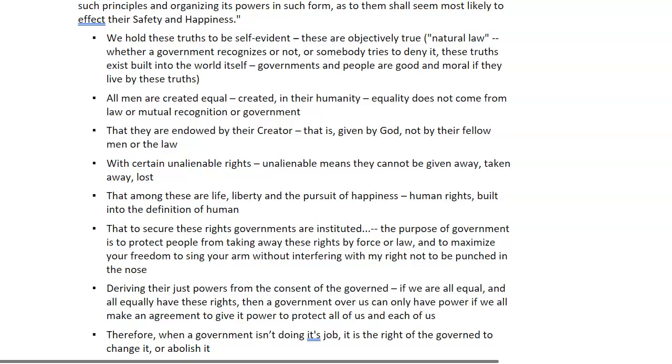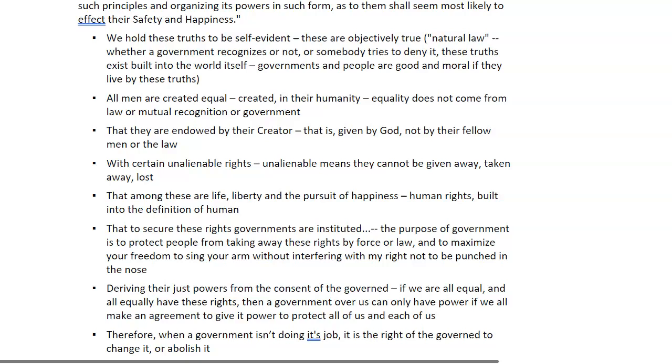They're endowed by the Creator with certain unalienable rights. The word unalienable means cannot be given away or taken away or lost. To alienate something in law means to lose ownership of it. So if you sell a piece of land, right, you sell your house, legally what you're doing is alienating the property.